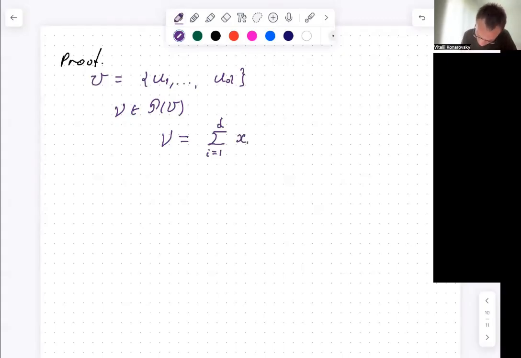So the mass we can denote by xi, and then we have delta ui.